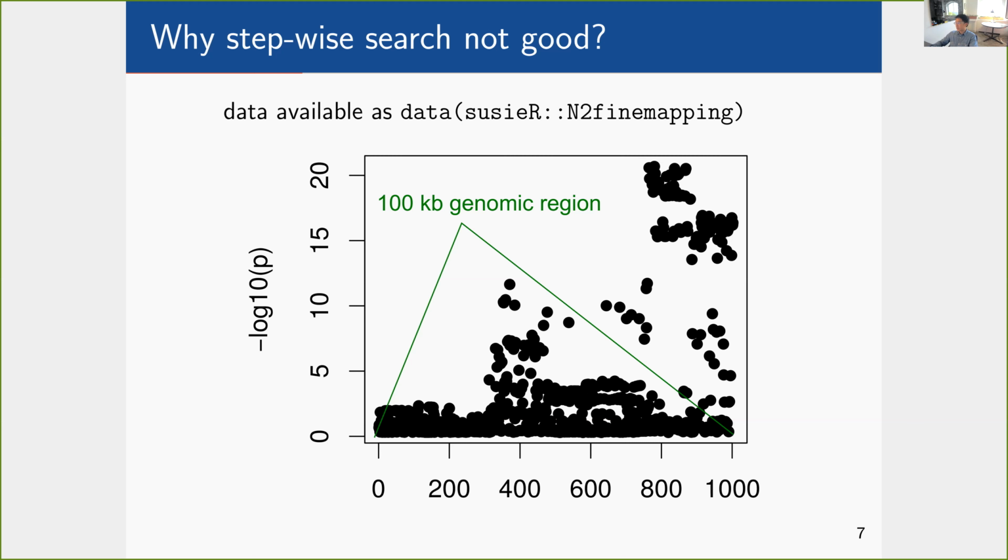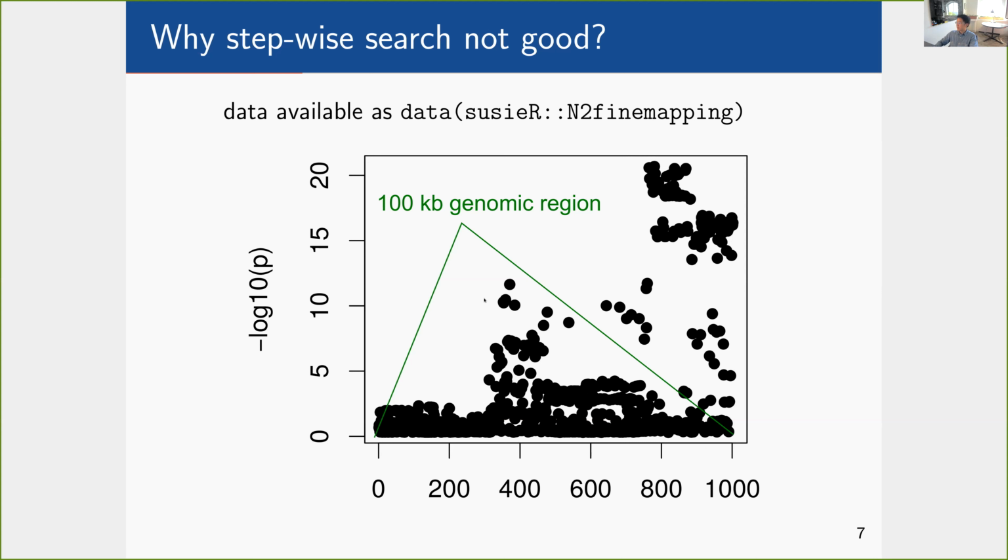If you only look at this picture, you'd imagine there's something going on here where the p-value is close to 10 to the minus 20. So let's pick that index SNP and regress it out, removing all the signal in the range between 600 and 1,000.